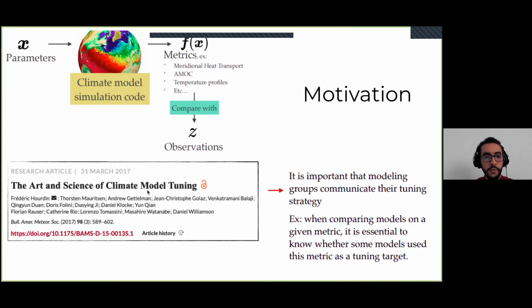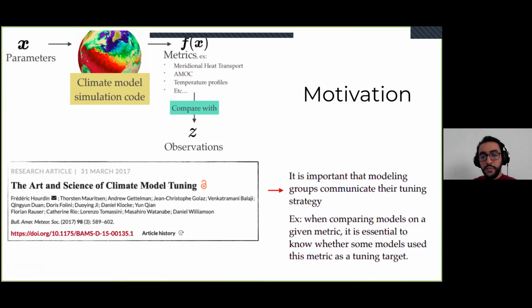There's a very nice paper, and I really advise you to check it, greatly written on the art and science of climate model tuning, and they discuss how it is important that each modeling group communicate their tuning strategy. For example, the IPSL team did this. They also communicated their tuning strategy in a very specific paper.